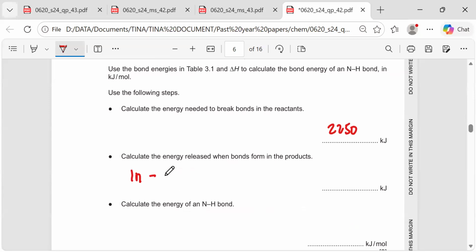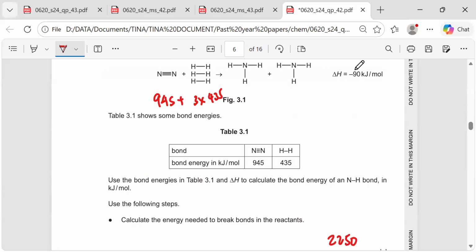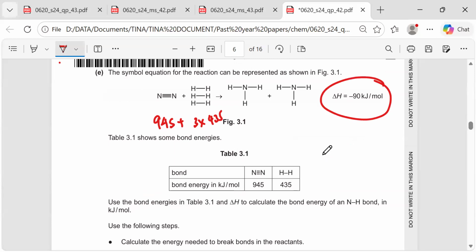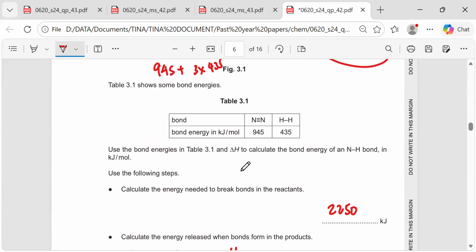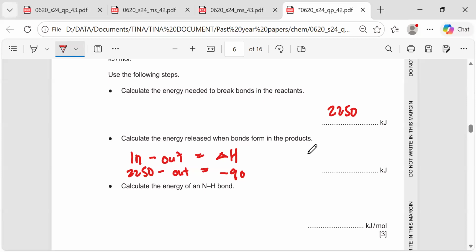In minus out equals enthalpy change. In is 2250 minus out equals negative 90. Then you flip 90 to the other side, so out equals 2250 plus 90, which is 2340.